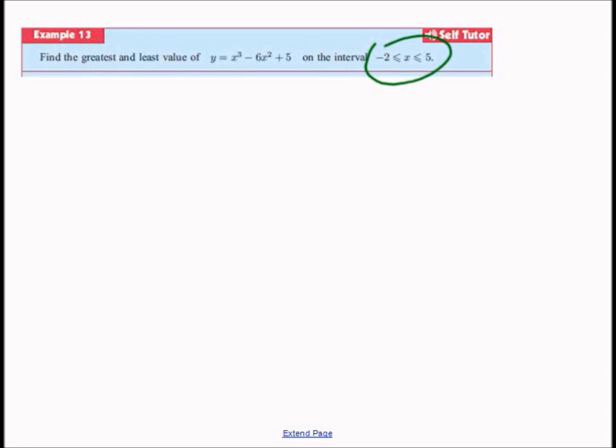So the greatest and least values. That means we're looking for local mins and maxes.